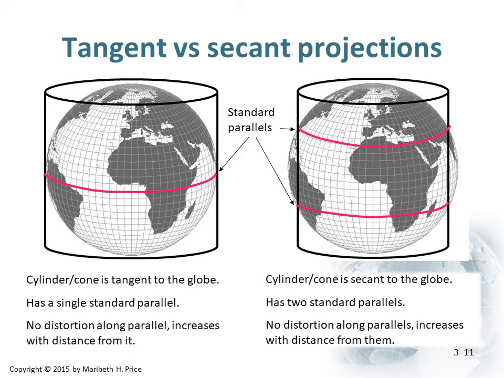If you look at the image on the left, there's only so much room above and below that line that's really, really good. But you have that same amount of area above and below each of the standard parallels on the one on the right, and depending on where you position them, you can end up with a much larger area that's actually quite accurate.